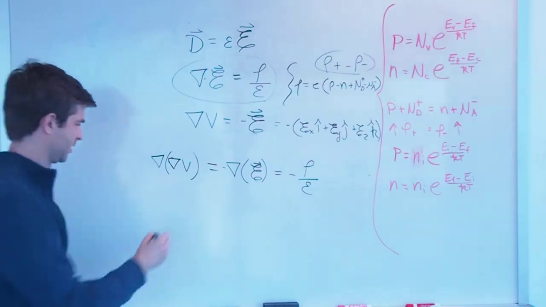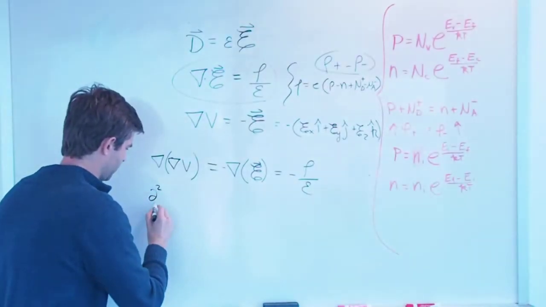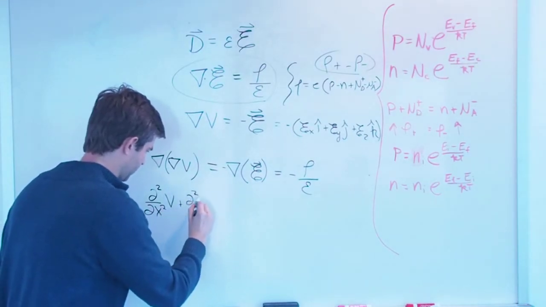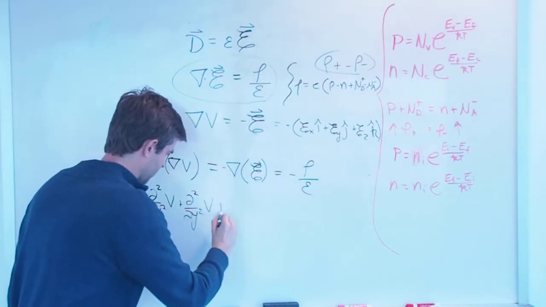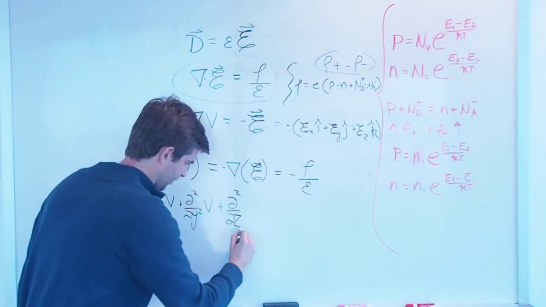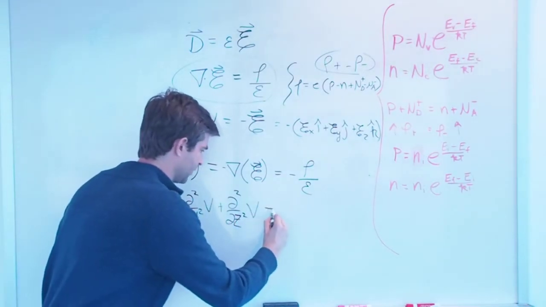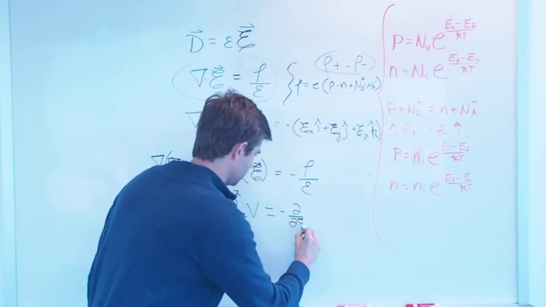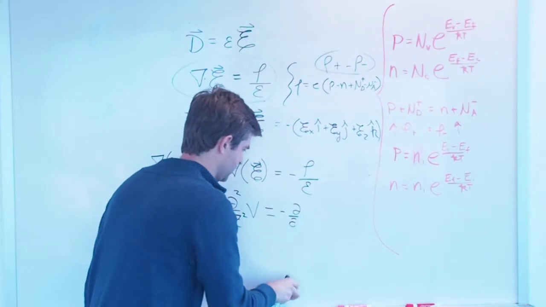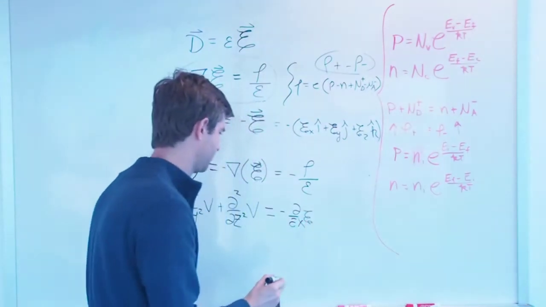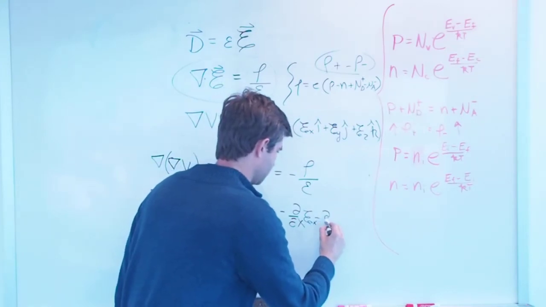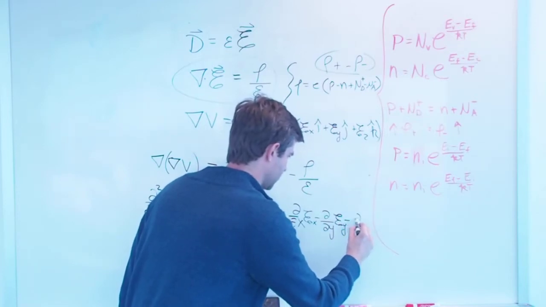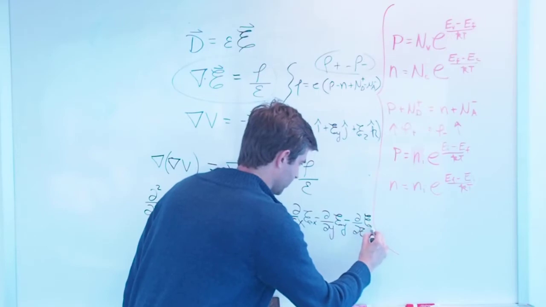And I can rewrite this as d squared over dx squared V plus d squared over dy squared V plus d squared over dz squared V is equal to negative d over dx of E_x minus del over del y of E_y minus del over del z of E_z, right?